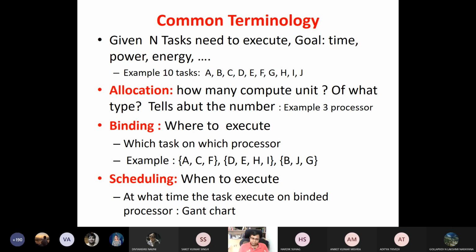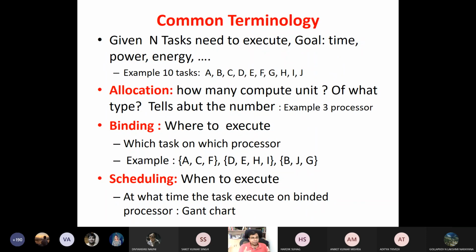Whenever there are scheduling problems, from the problem solving point of view, there are three things. One thing is allocations. To execute the n tasks, how many compute units or how many processors, and what type of processor, do you require?